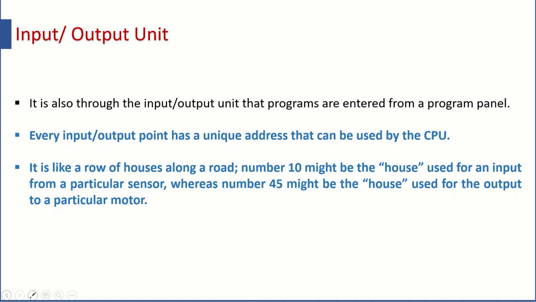This is just like a road. Suppose you have gone to a housing society where there are several row houses on a certain lane, and you number the houses 1, 2, 3, 4, 5, 6 like that.